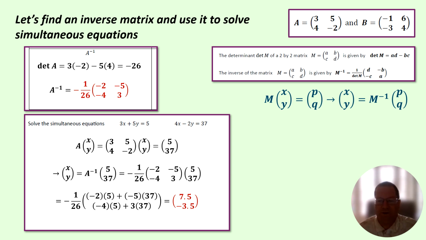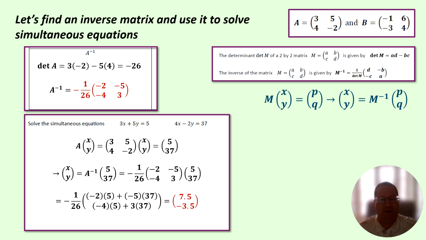Now, of course, we could solve these simultaneous equations in the traditional way, but we can then use this method for 3 by 3 matrices, which makes life a lot easier. So, given (3, 5; 4, minus 2) times (x, y) is (5, 37), (x, y) can be found by multiplying the inverse matrix by (5, 37). So let's start off by finding the inverse matrix.